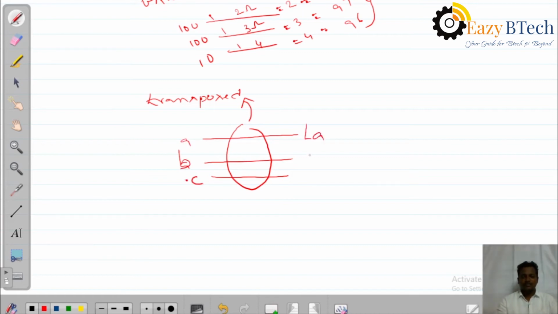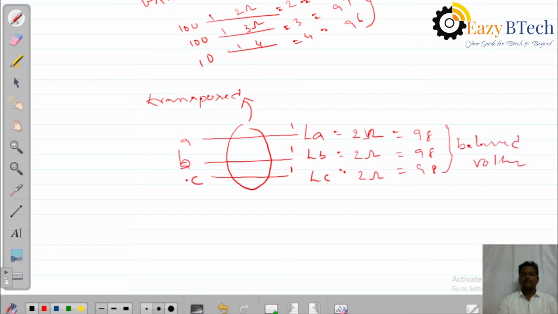Therefore, LA equals LB equals LC. Assume that all are 2 ohm. By using this transposed system, assume that the current is the same, 1, 1, 1. Therefore, the voltages are 98, 98, 98. Then it is called a balanced voltage.